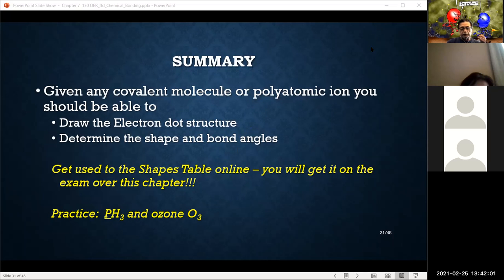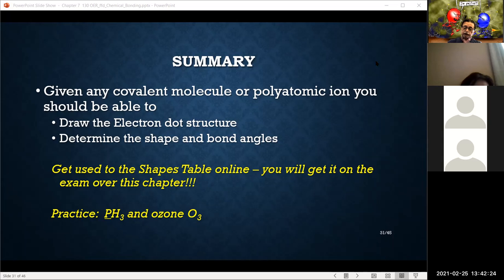So to summarize this, you need to be able to review or be able to draw the Lewis dot structure of the atom, for example, and that's basically find the atom on the periodic table, find out how many valence electrons you have, and then put a dot.